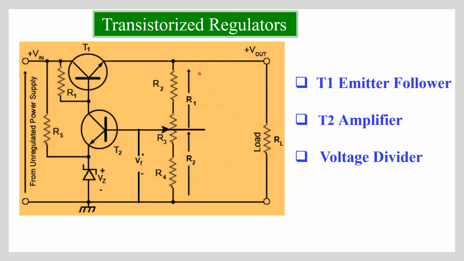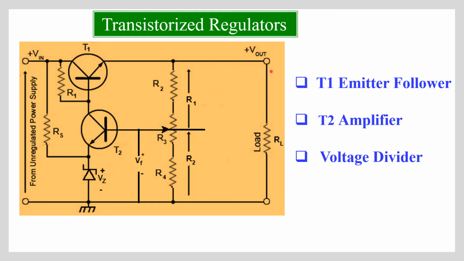So we have seen the circuit explanation. T1 is a series bypass transistor. T2 is an amplifier, a common base amplifier. A voltage divider circuit is there and Vf, a feedback voltage, is given to the base of the transistor T2, right, which controls the collector current of T2.